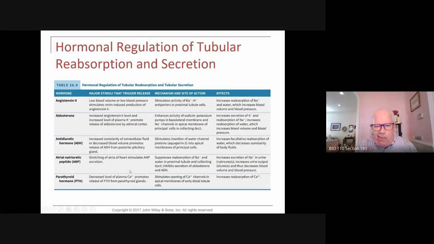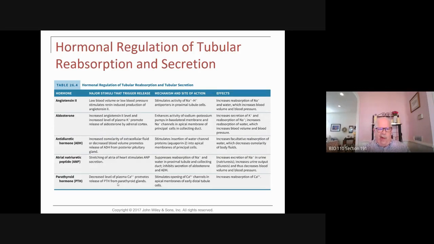Parathyroid hormone stimulates the osteoclasts of bone to break down bone to produce more calcium. And when you produce more calcium, you get an increased reabsorption of calcium to raise your blood pressure and raise your GFR.